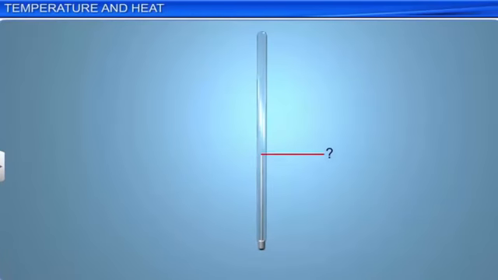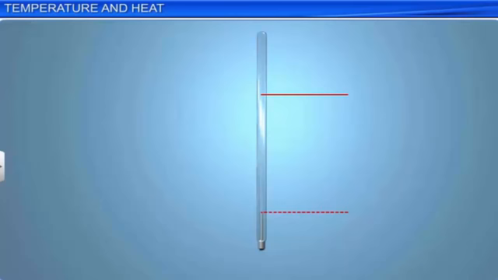To assign a numerical temperature value to a particular length of mercury column in a mercury thermometer, we choose two reference points and assign arbitrary values to them.